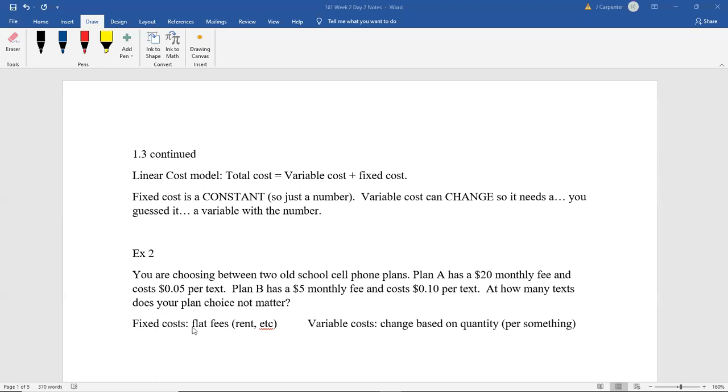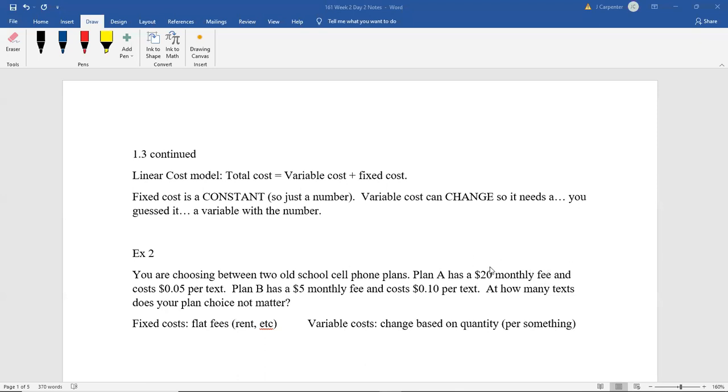Just reminding us here that a fixed cost is something like a flat fee, and a variable cost changes based on the quantity. This tends to be labeled as a per something, like a cost per item, $1 per M&M or piece of candy, maybe a cost per text message. Whereas a fixed cost is just something that doesn't change, something like a fee.